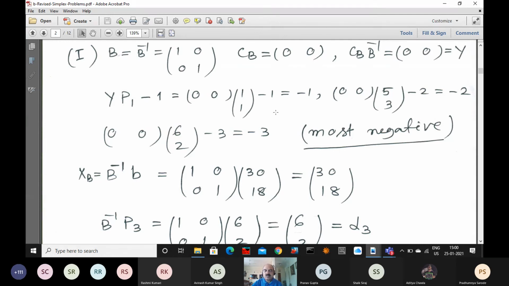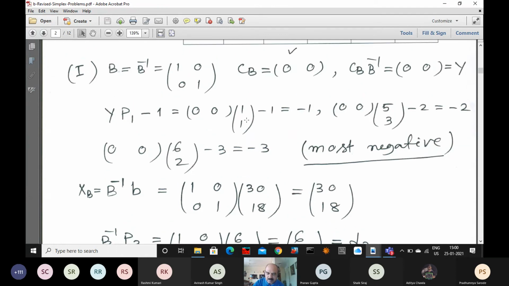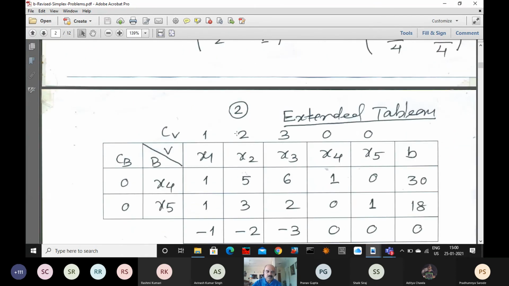Then Z2, see here. X1 is a non-basic variable. X2 is a non-basic variable. X3 is non-basic. For the 3 non-basic variables, we will compute Z1 minus C1, Z2 minus C2, Z3 minus C3. For the basic variables, we don't compute.